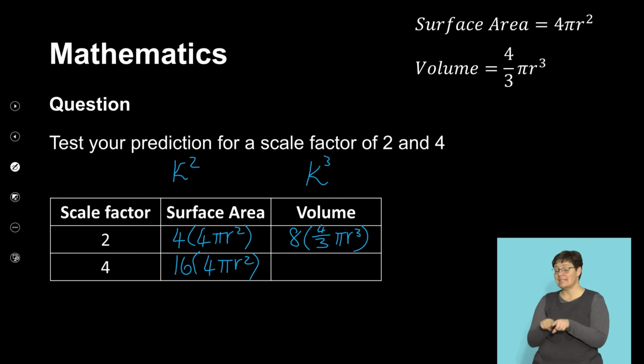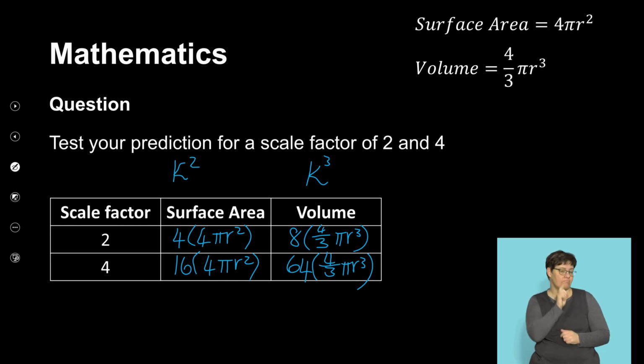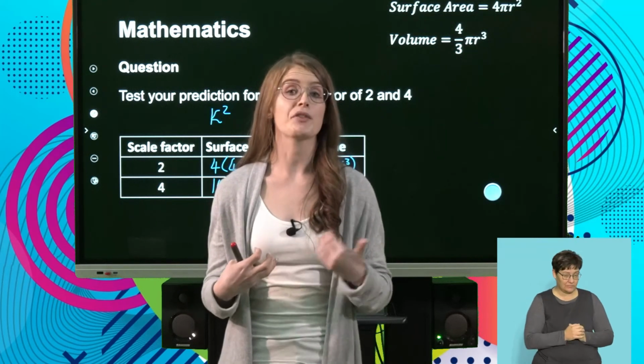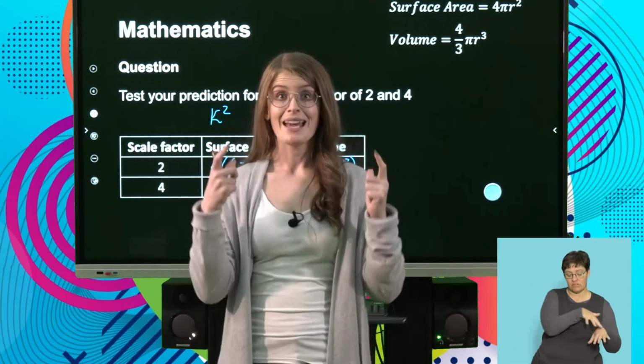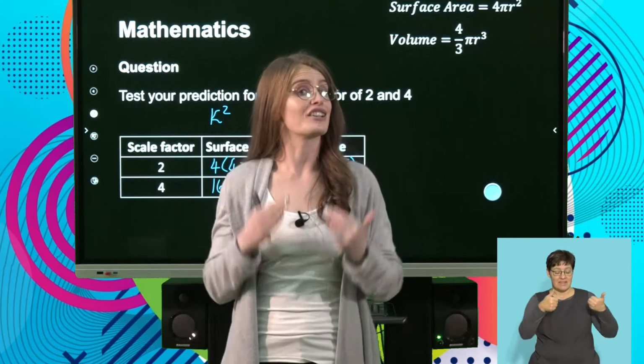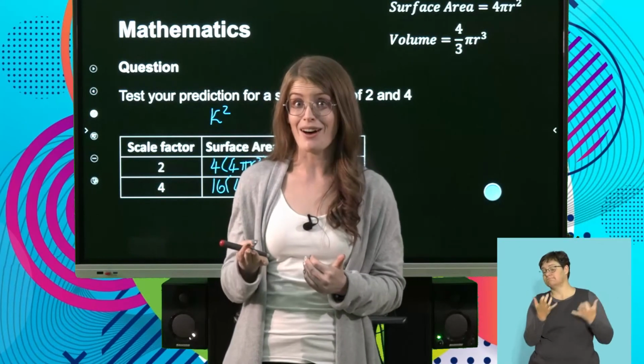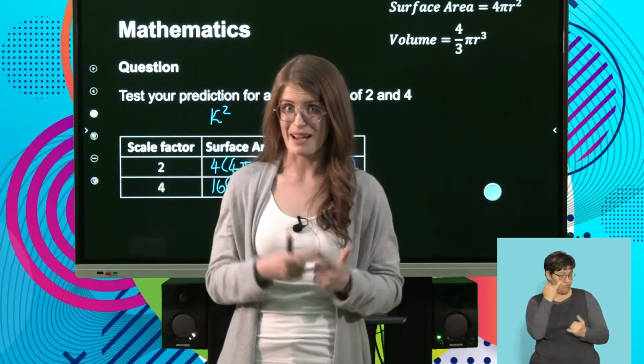I'm also going to investigate to see whether my scale factor cubed, and in this case it will be 64 because 4 cubed is 64, being multiplied by my volume is representative of my new volume. So everyone, we've now hypothesized about what we think the new volume will be and what the new surface area will be. In the next slide, I've actually shown you the calculations so we can see if our theory is correct. Let's go back to the board.